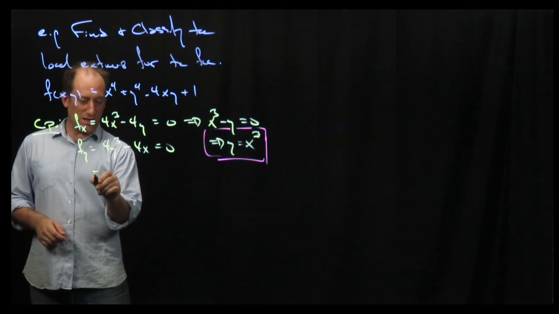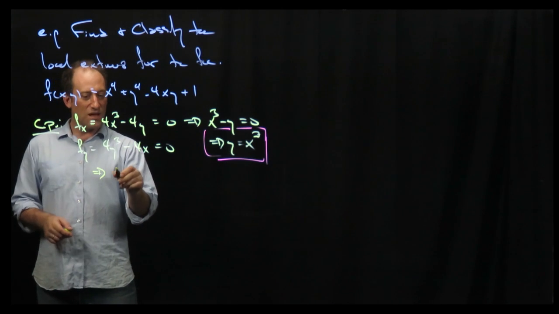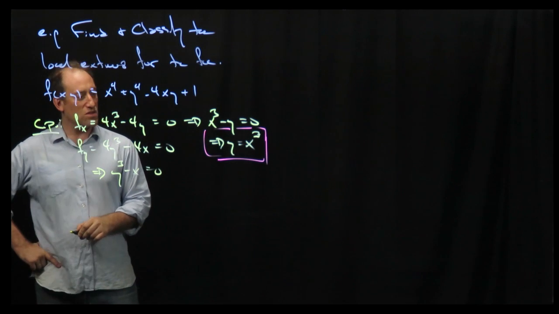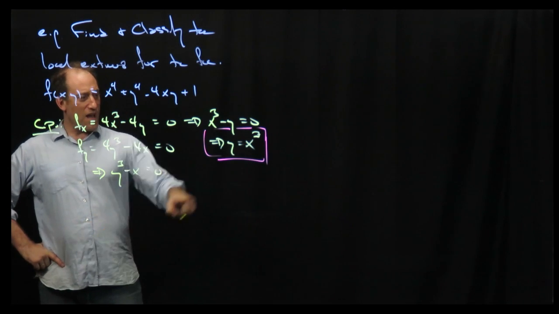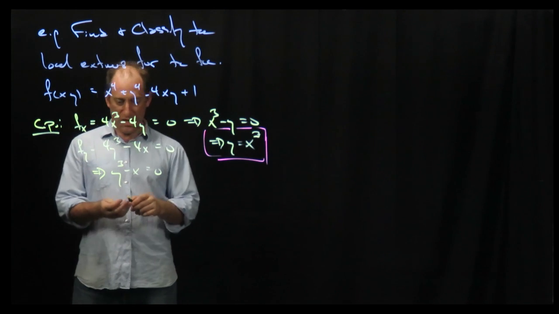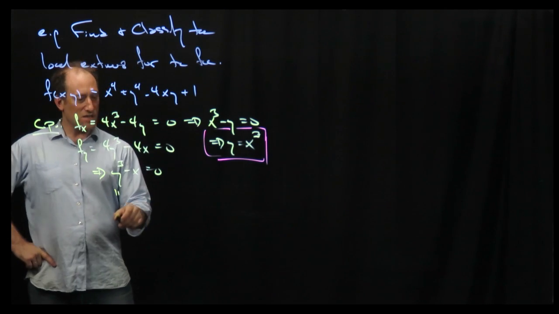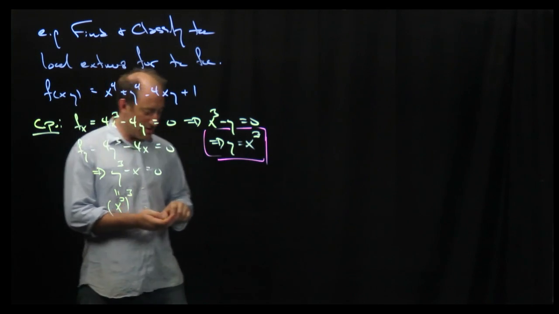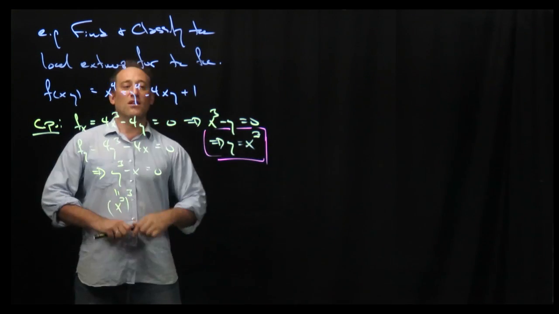So f_y equal to 0 tells me that y cubed minus x is equal to 0, but I have y is equal to x cubed. Namely, this will be x cubed quantity cubed.